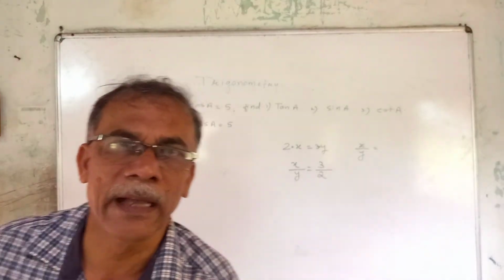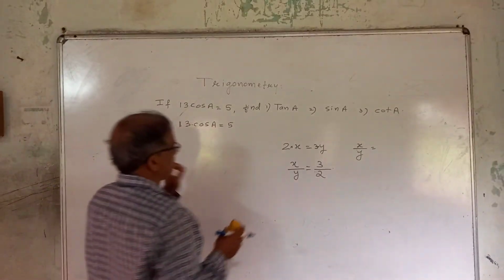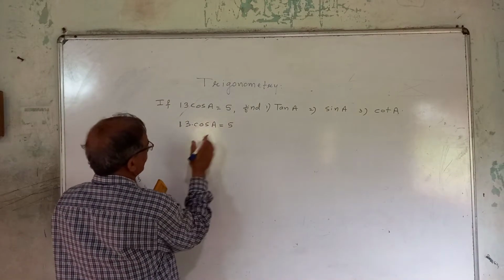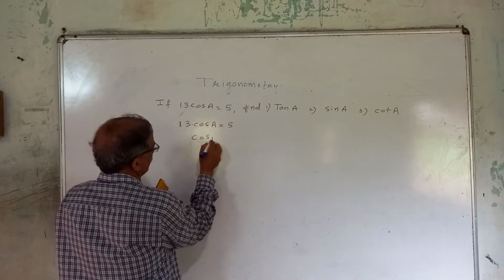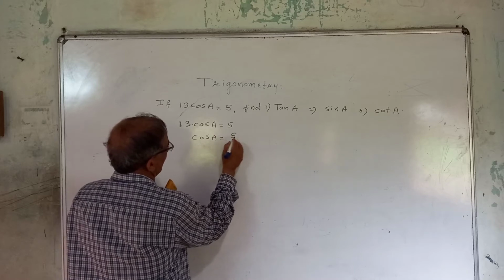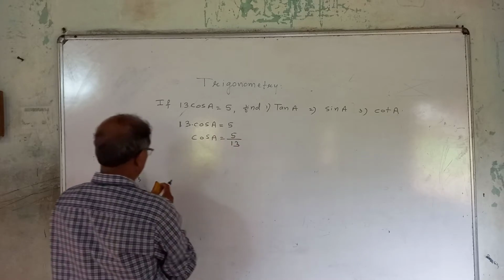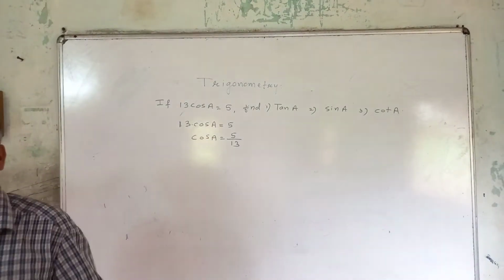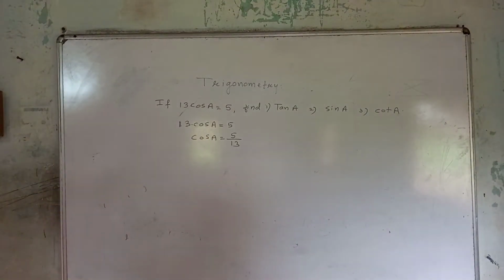So like this now, we have to find the ratio here, cos A. If 13 cos A is equal to 5, then what is the cos A value? Cos A is equal to 5 upon 13. So the cos ratio of angle A is equal to 5 upon 13. And we define the trigonometric ratios of an angle only in a right angle triangle. So what we should do now?